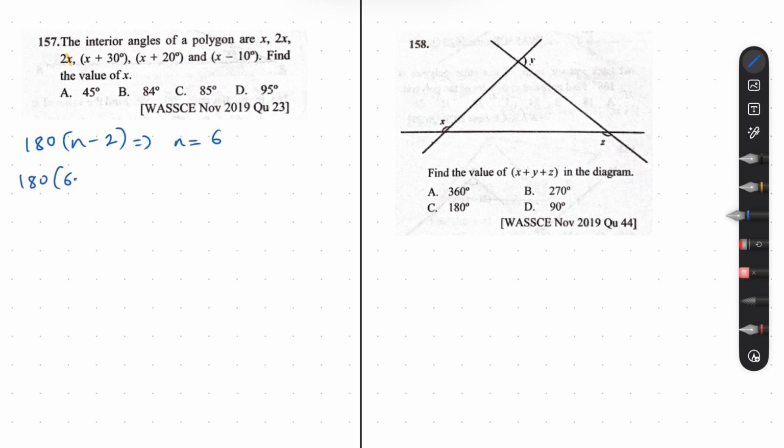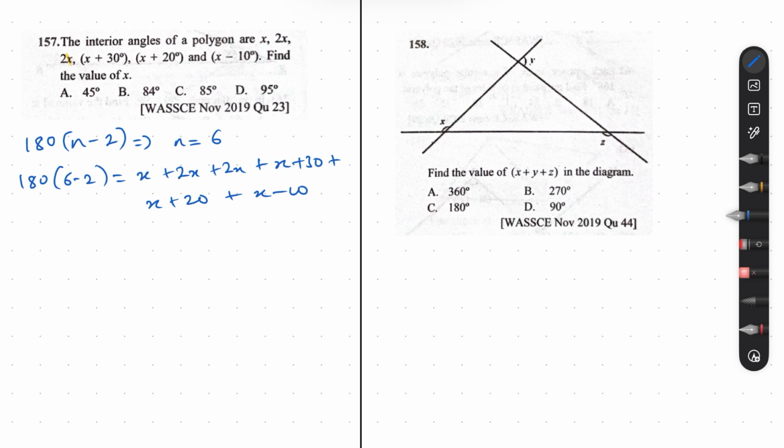So we have 180 times 6 minus 2 to give us the addition. x plus 2x plus 2x plus x plus 13 plus x plus 20 plus x minus 10.